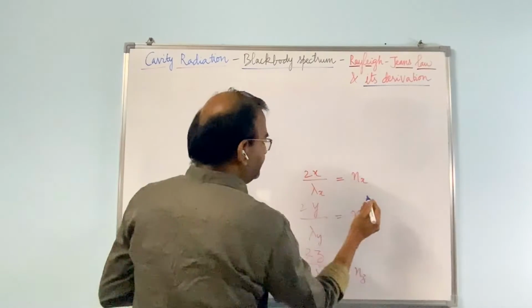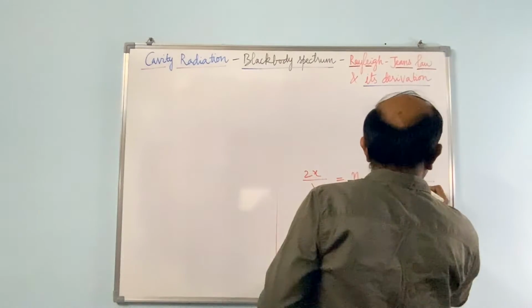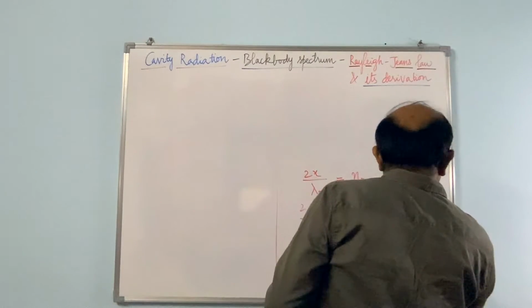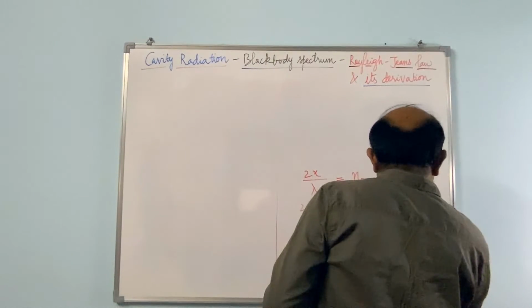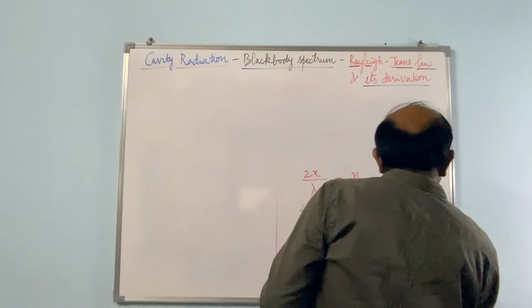We know that lambda x is equal to lambda over cos alpha, lambda y is equal to lambda over cos beta, and lambda z is equal to lambda over cos gamma.